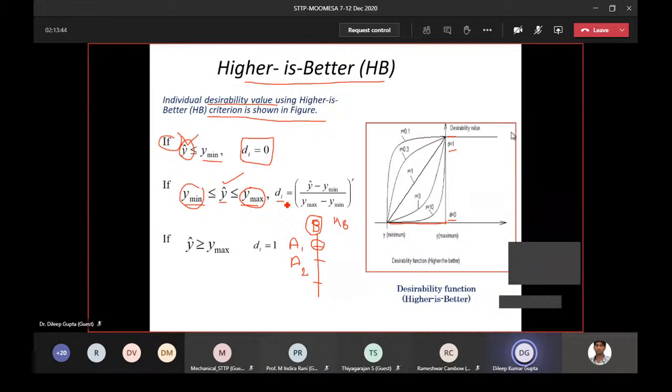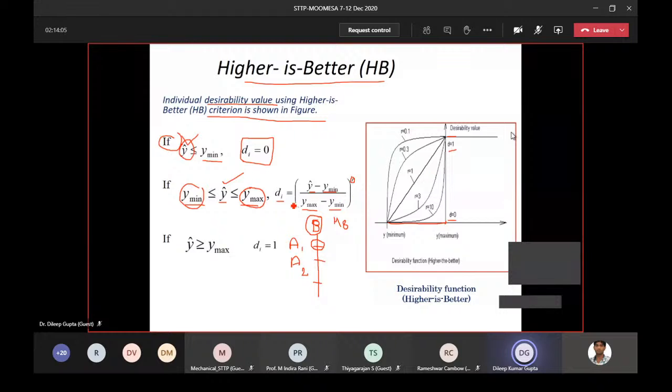This equation says (y minus y minimum) divided by (y maximum minus y minimum) raised to power r. This r is the constant, and depending upon the value of r, the desirability function curve will vary. Right?